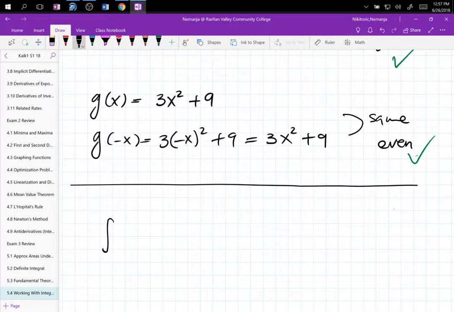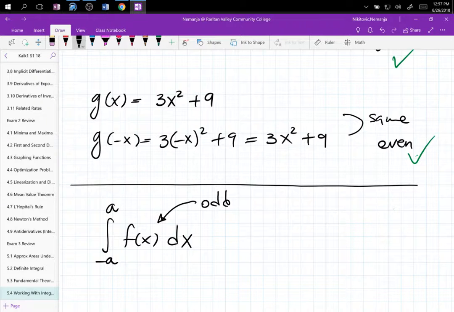If I have the integral on a symmetric interval negative a to a of f of x dx, and this f of x is odd, the answer is always 0. This is a quality of life formula. In certain courses, it will cut out a page of calculations.